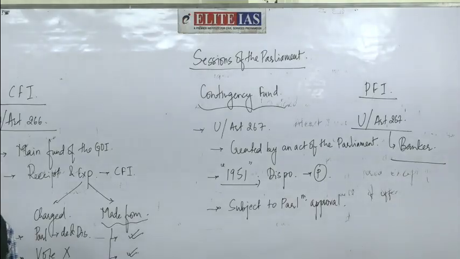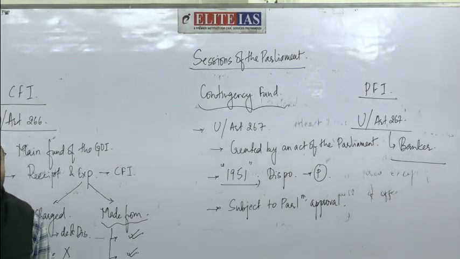See, there was a controversy in 2015-16 when there was a law passed called the Aadhaar Act. Now, Article 110 of the Constitution says that a money bill shall have the recommendation of the Speaker.